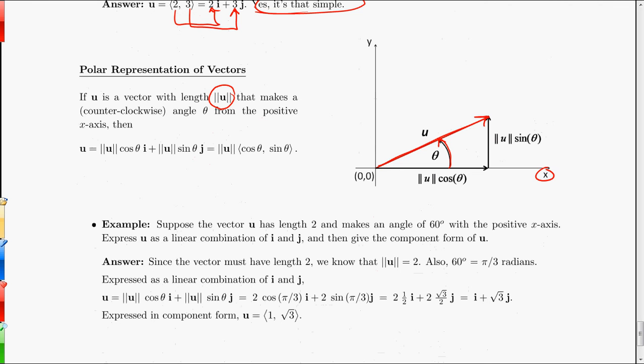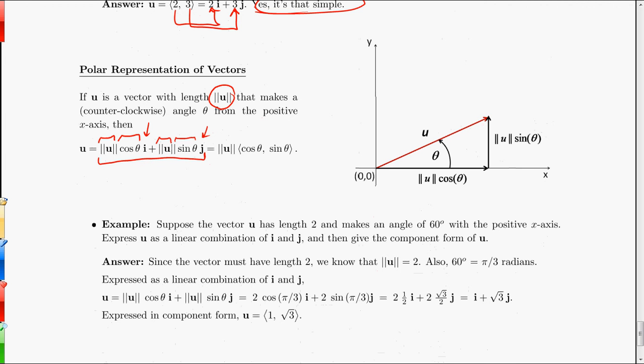Then that vector can be written as a linear combination of the basis vectors: the size of u times cosine theta times i, plus the size of u times sine theta times j.